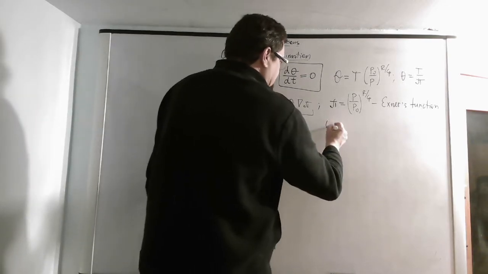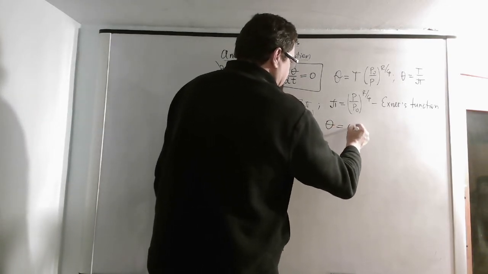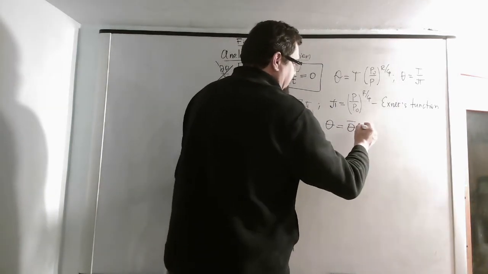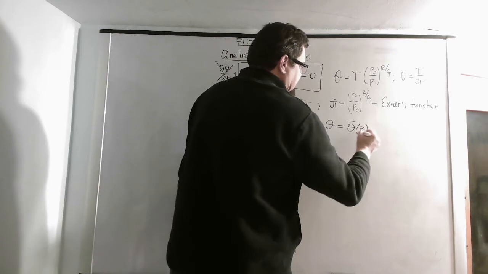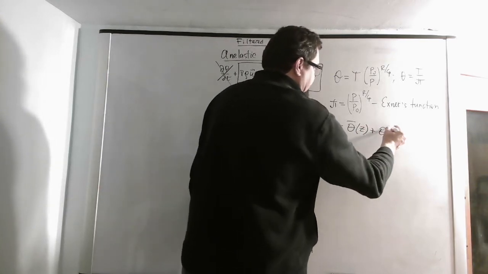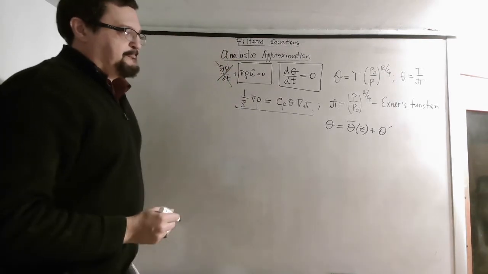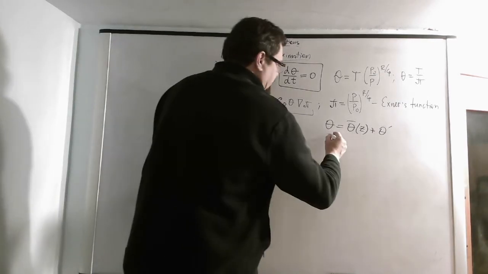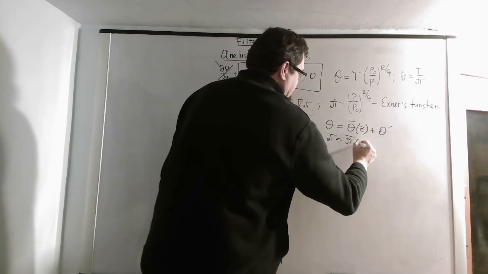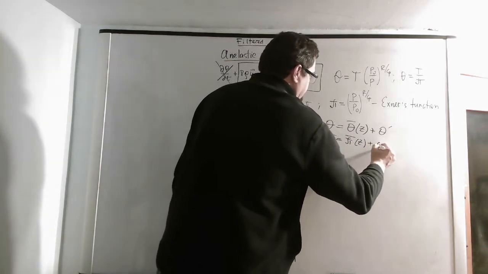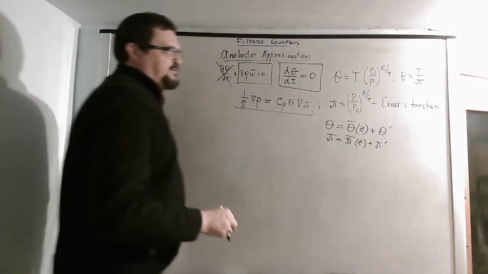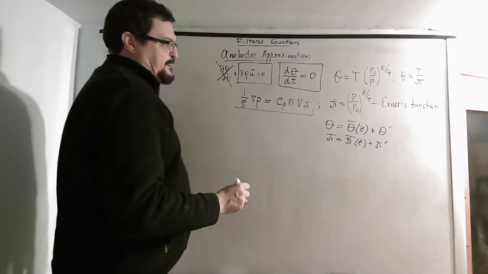We assume that there is some basic state or reference profile of potential temperature, so that potential temperature equals this reference profile plus some perturbation. Also, we assume the same is true for pi: there is some reference profile of pi plus a perturbation.